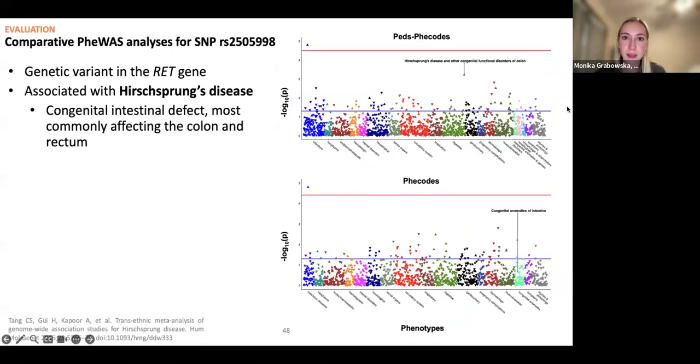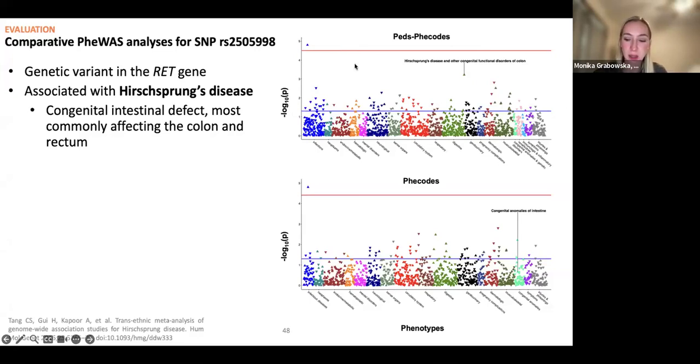Just to orient everyone, in these PheWAS Manhattan plots, on the x-axis we have the phenotypes, which represent the Phecodes grouped in terms of disease category, whether that be infections, neoplasms, etc. And then on the y-axis, we have the negative log 10 of the p-value of the association between the SNP and the Phecode. The blue line here is the replication threshold. The red line is the Bonferroni corrected p-value threshold.